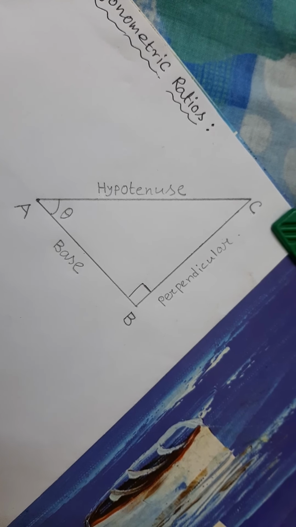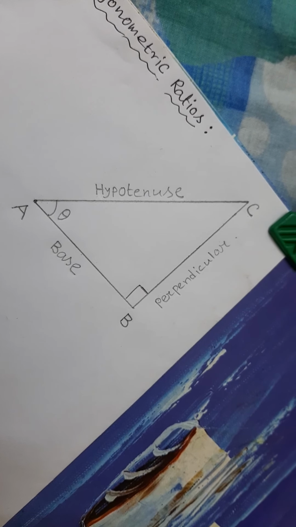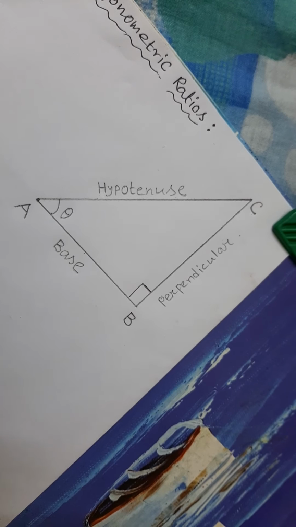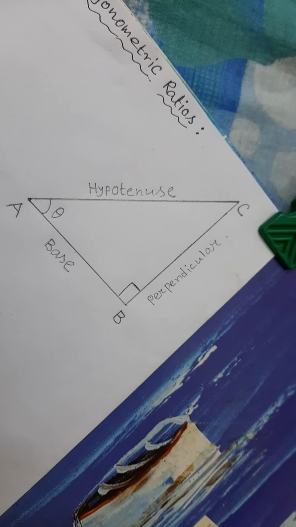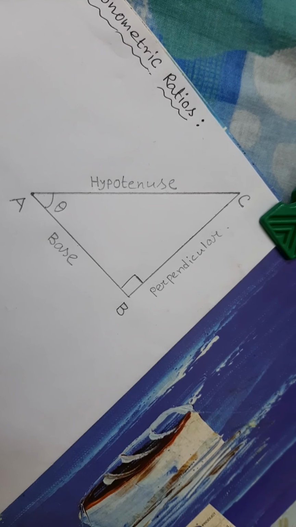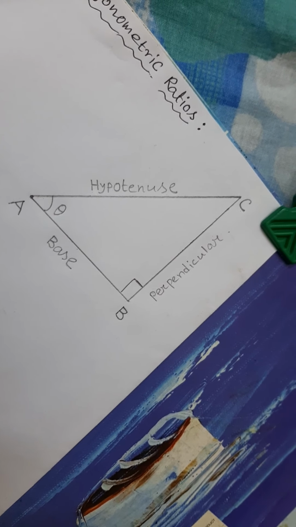So AB is base with respect to angle A, and angle B is 90 degrees, so the opposite side of angle B is called hypotenuse and BC is perpendicular.